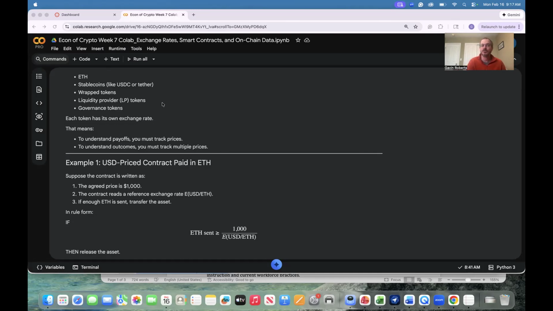So a wrapped token is a token that represents value, usually of a different cryptocurrency from a different blockchain, but on this blockchain. If we're looking at the Ethereum blockchain, we might be looking at a wrapped Bitcoin token. Its value is the same as Bitcoin. Its code is written to exactly track the value of Bitcoin, but it is not actually a Bitcoin.